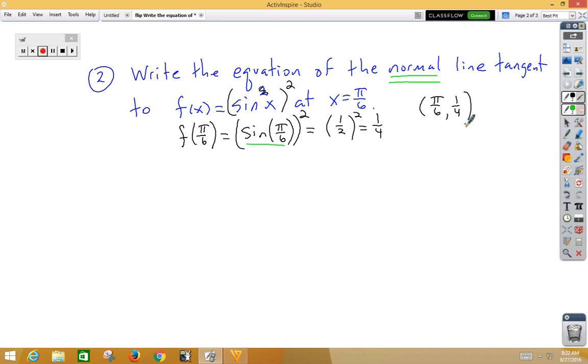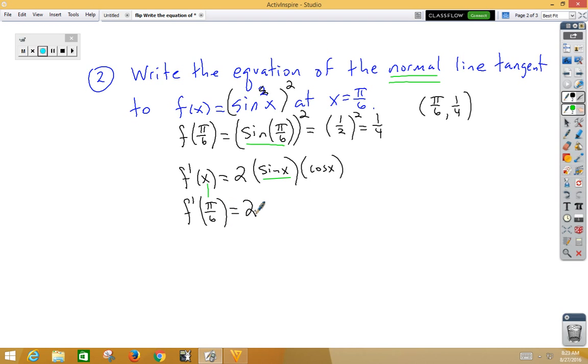Now let's take the derivative to find the slope of the tangent line. So the derivative would be chain rule: derivative of the outside, don't change the inside, multiply by the derivative of the inside, which would be cosine x. We now want to plug in our x value of pi over 6 for every x.